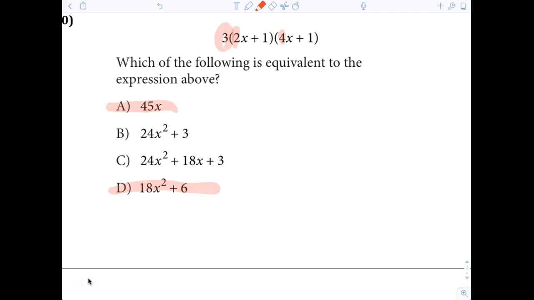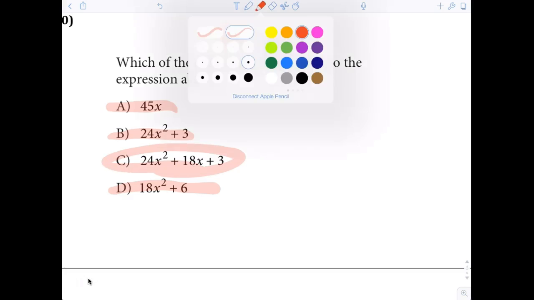Because if I do my smiley faces, there has to be a middle term. 18. Has to be a middle term. Do I care what the middle term is? No, because B does not have a middle term. So I can safely cross B out, and I know the answer is C. C is the correct answer on that.